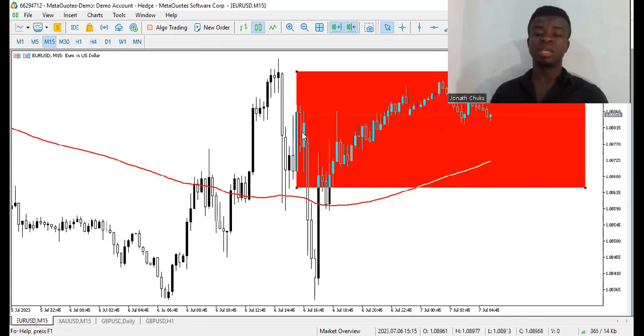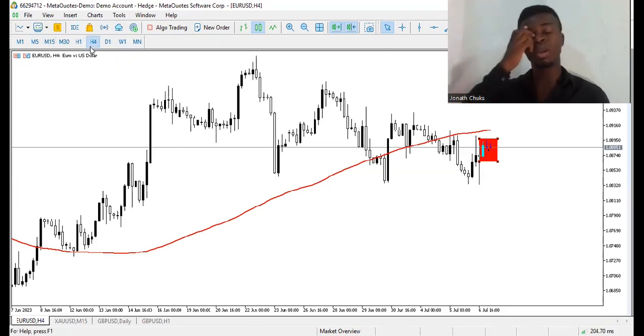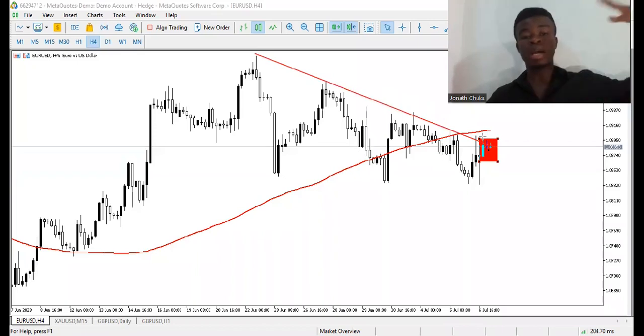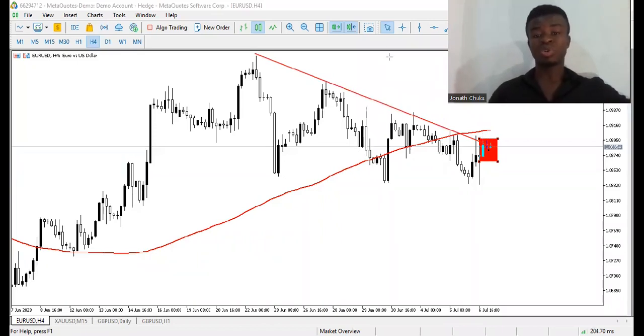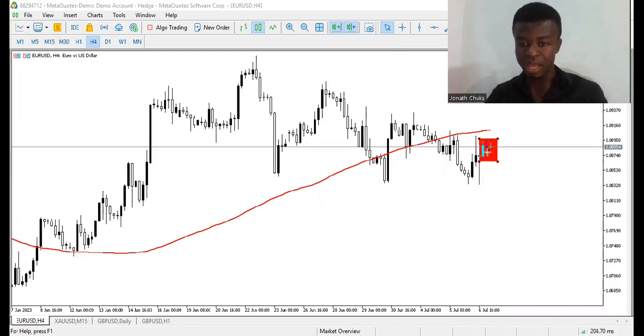You understand something? This candlestick that is being formed here is the internal market structure. The external market structure is the one that you'll be seeing in the higher time frame. If you go to higher time frame, you notice that the market is actually going down. Do you understand? This is the external market structure. But what you notice in the smaller time frame, which is just here, is what we call the internal market structure.